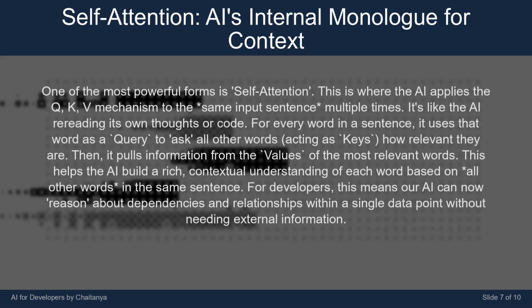Then, it pulls information from the `values` of the most relevant words. This helps the AI build a rich, contextual understanding of each word based on all other words in the same sentence. For developers, this means our AI can now reason about dependencies and relationships within a single data point, without needing external information.